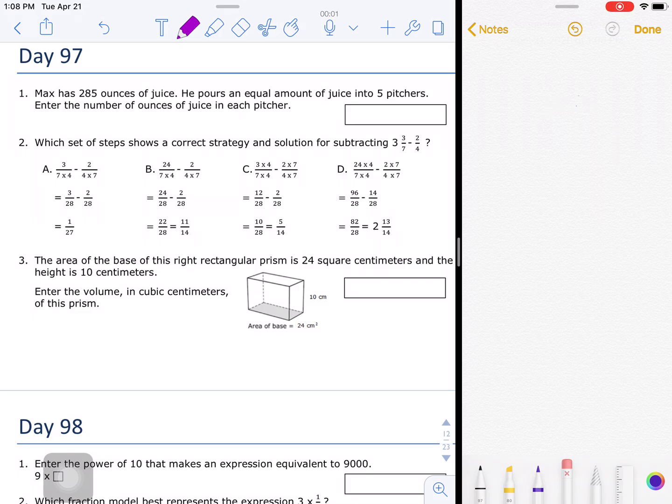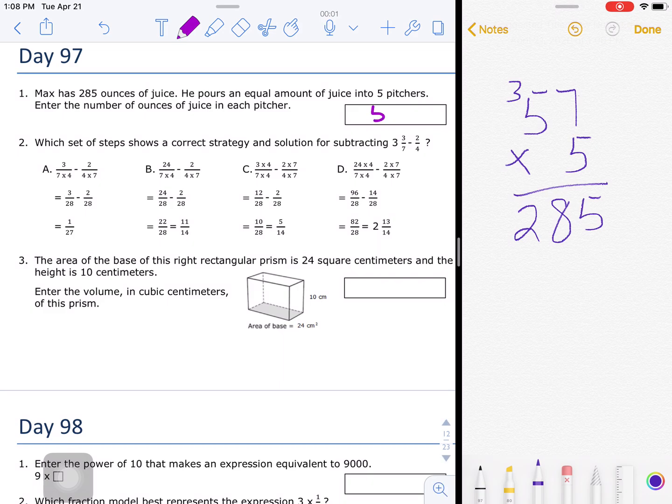I just want to double check and make sure that 57 times 5 would end up being what we started with, which is 285, and it is. So over here I'm going to write 57, and again we're asked to write it in ounces.